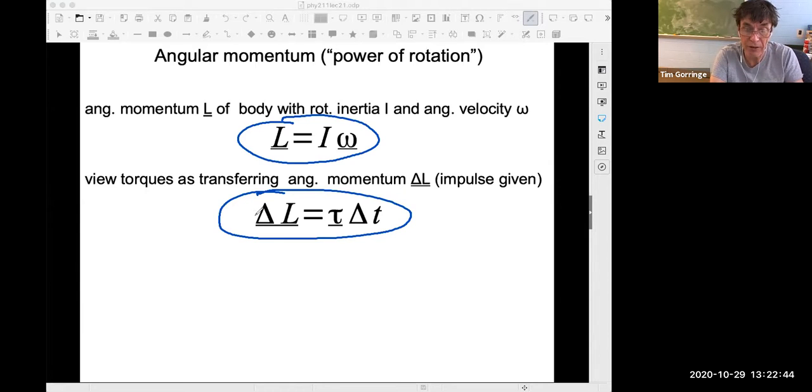That exactly parallels the equation for linear momentum change, which was the force times the time interval that the force acts. So they really are parallel equations.